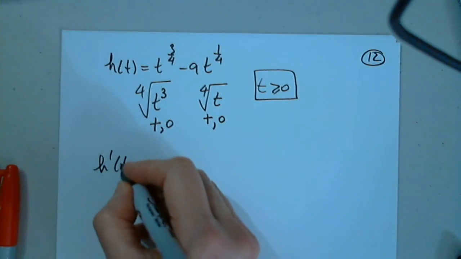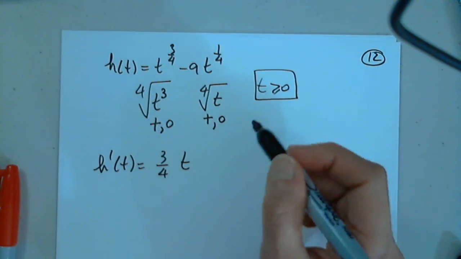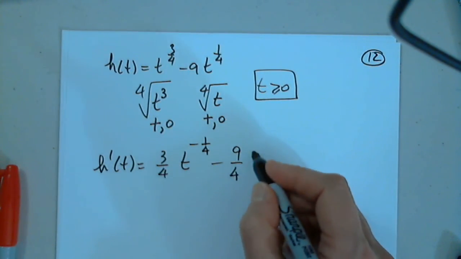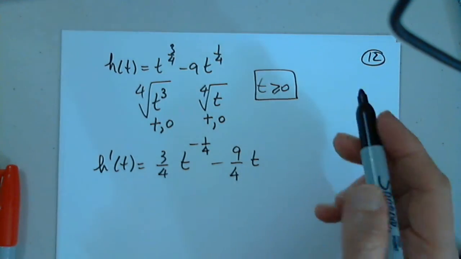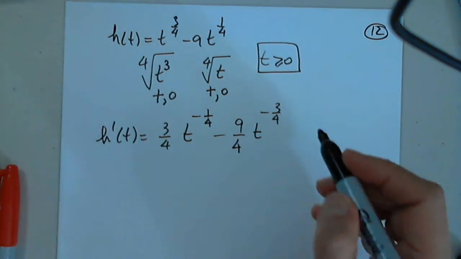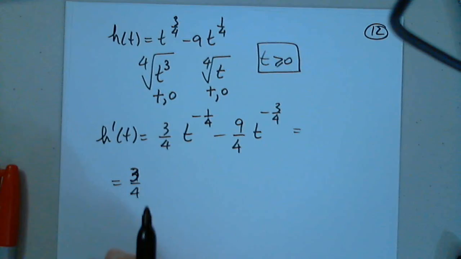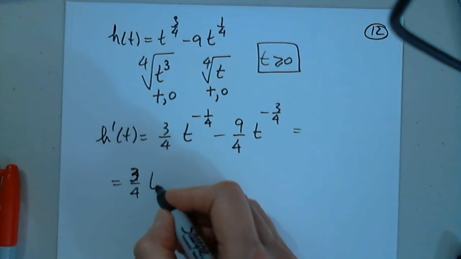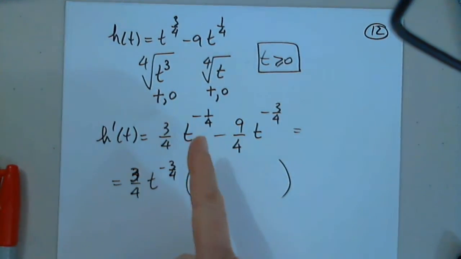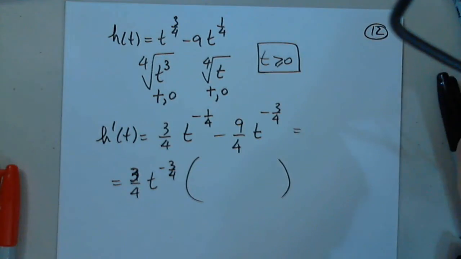So h prime of t is 3/4 t to 3/4 minus 1, negative 1/4, minus 9/4 t to 1/4 minus 1, which is negative 3/4. I will factor out 1/4 and also 3, actually 3/4, and t to negative 3/4. Because of these two, the smallest power is negative 3/4.